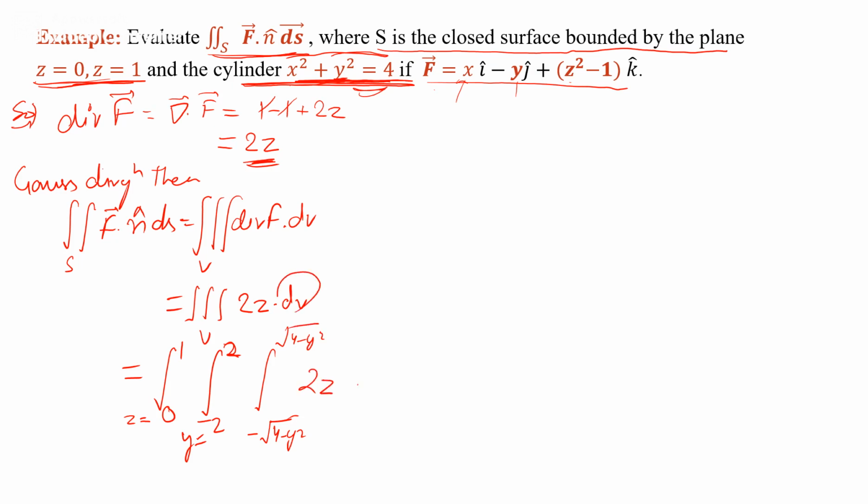The integrand is 2z, and in place of dv we write dx dy dz. Now you just take the integration first with respect to x, then y, and then z.